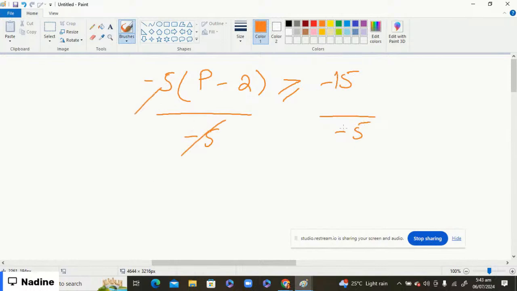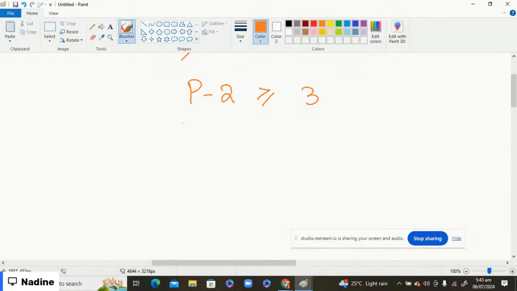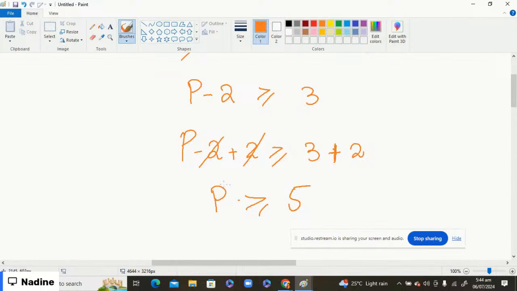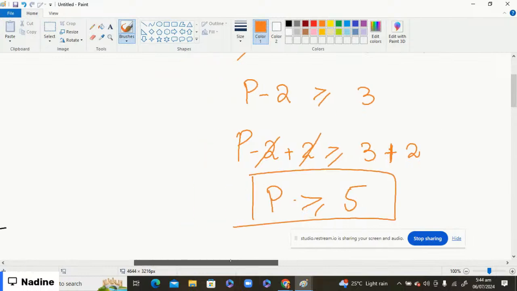Here is 15. Negative and negative cancel out. 5 times 3 is 15. Only p minus 2, and here is 3. What do we do? We are going to add 2 on both sides. So p minus 2 plus 2 and 3 plus 2. So this cancels out. So what is the value of p? That is 5. In this way we get our answers.